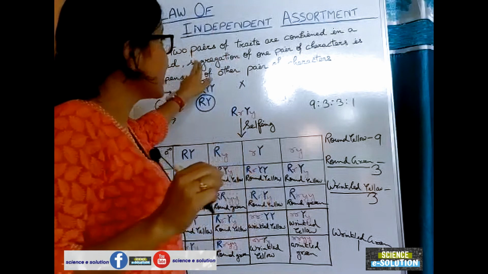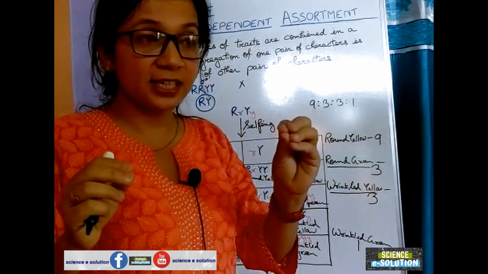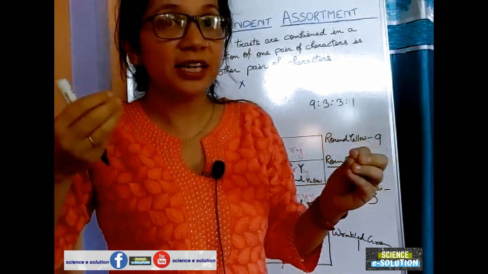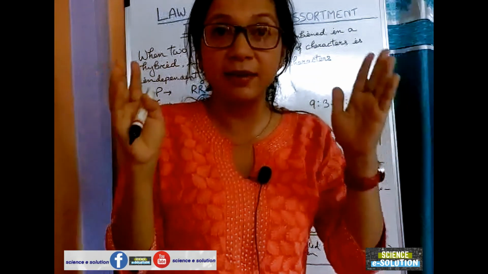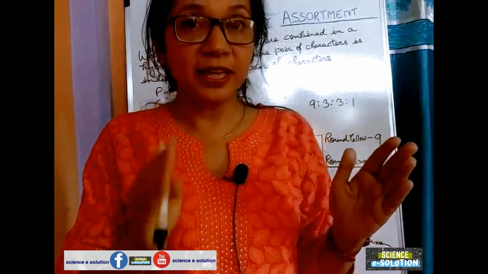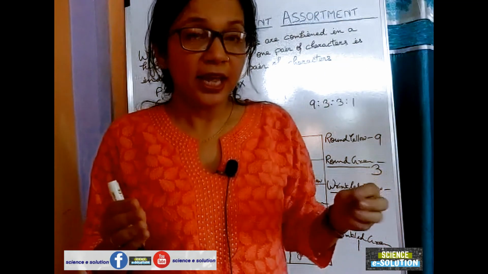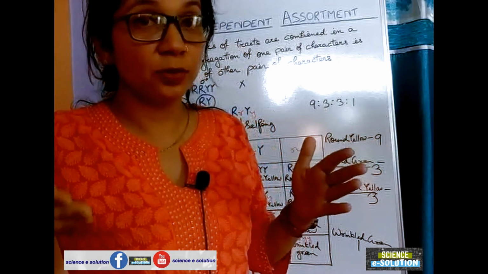Because seed shape is segregated independently of the seed color. Round does not depend on yellow. It is not necessary that every round seed should be yellow or every wrinkled seed should be green.